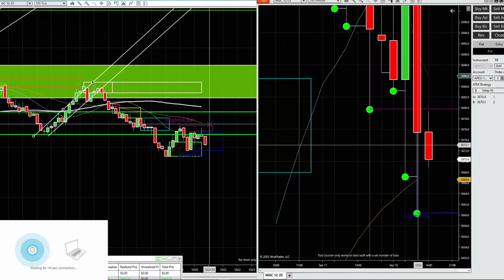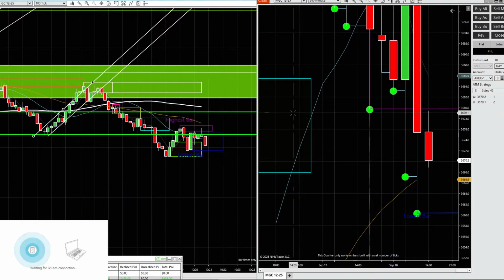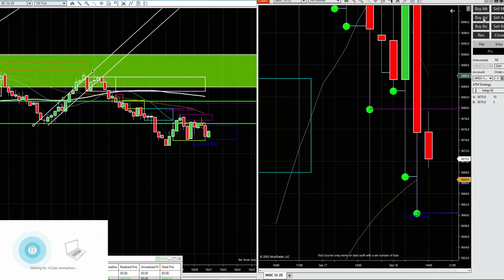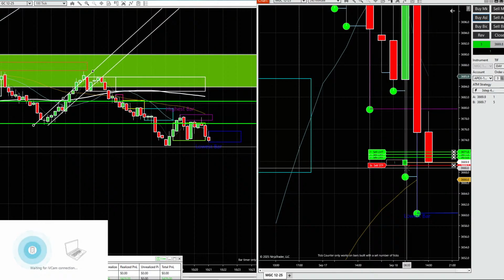I'm going to buy again when it gets in between these two right here and holds. Or even level right there, but I wish it would break it. Right there. Order filled.